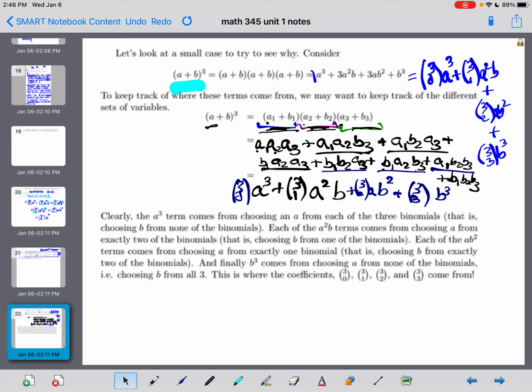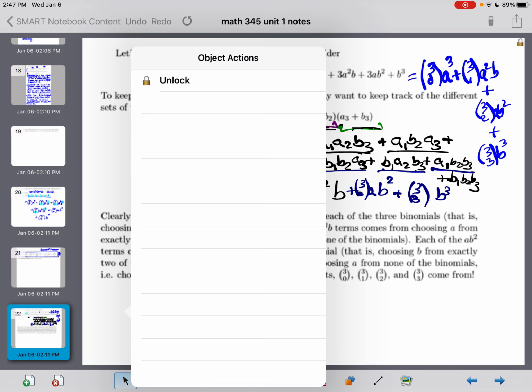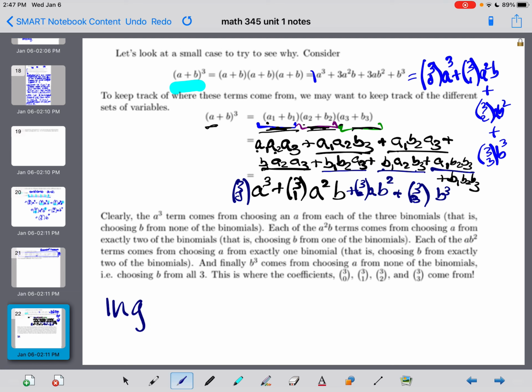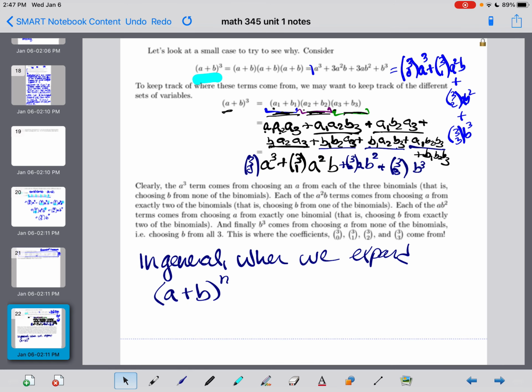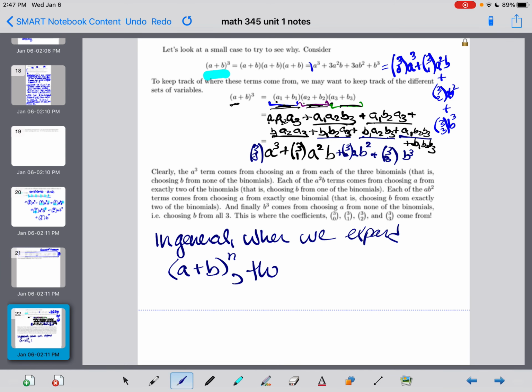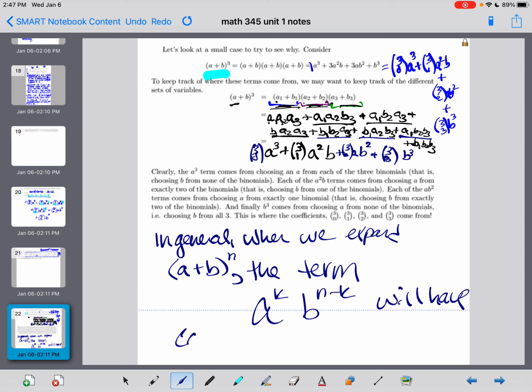Okay? So we see now where we're getting these binomial coefficients or these combinations. It's because each term in general, when we expand a plus b to the nth power, the term, let's say a to the k, b to the n minus k, will have a coefficient of n choose n minus k.